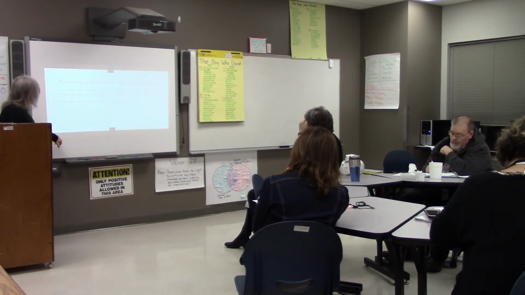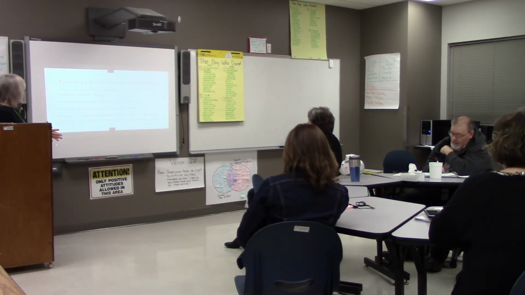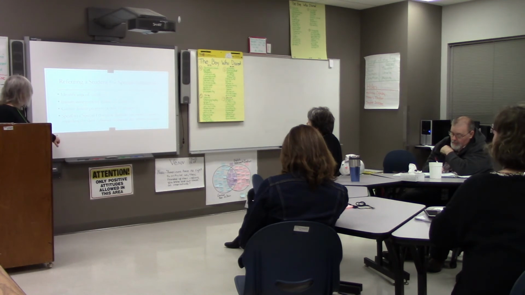When that's not working, it's time to start gathering data on their lack of progress in that area. If they've made progress, then they don't need referral for special education. The intervention worked. And then you speak to a special education teacher and the administration regarding, this is the data that I've collected, this is my concern, and then talk to them about the referral process.